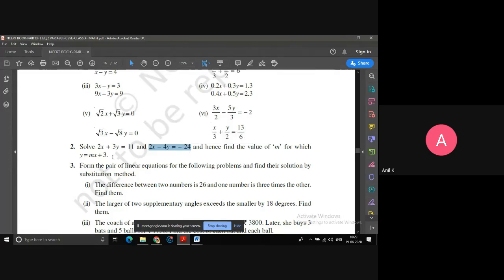Now here you can use any method, elimination, substitution, cross multiplication, it is up to you. After getting the x and y values, you substitute them here. For example, if x is 2, it will become 2m, and if you get y value as 5, substitute x and y value and you can get the value of m.